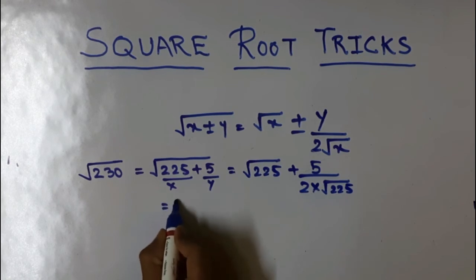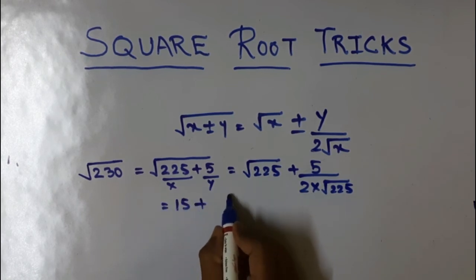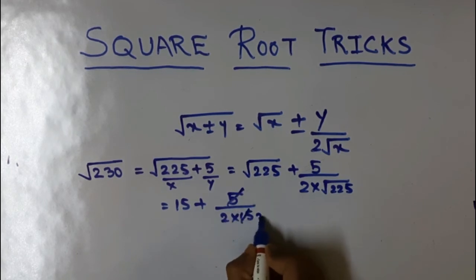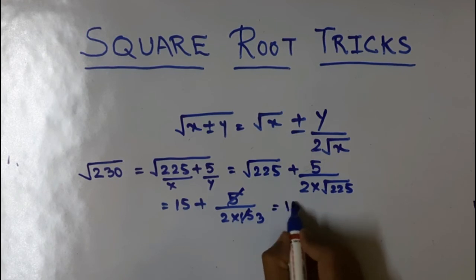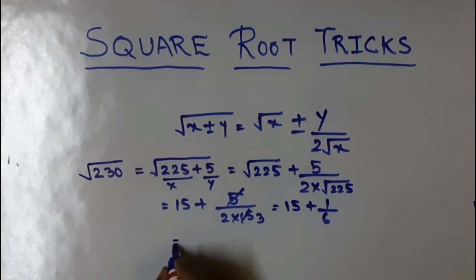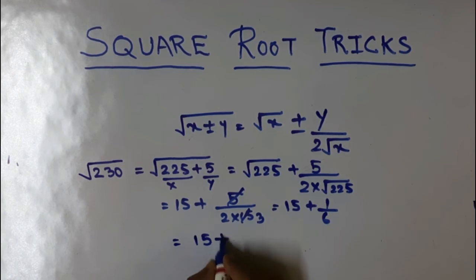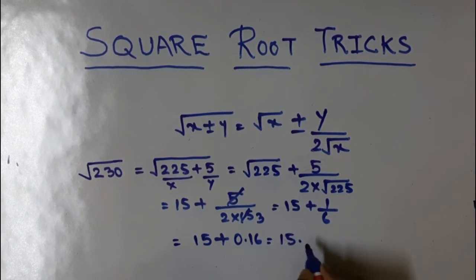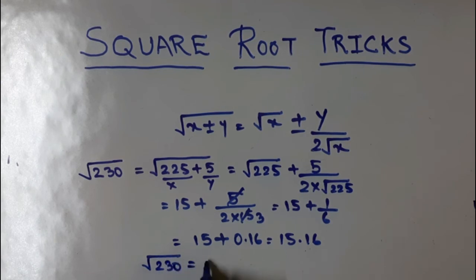This is equal to 15 plus 5 by 2 into 15. The 5 and 15 get cancelled, so 15 plus 1 by 6, which is near about 0.16. Therefore root 230 is equal to 15.16. Isn't it interesting, and isn't it easy?